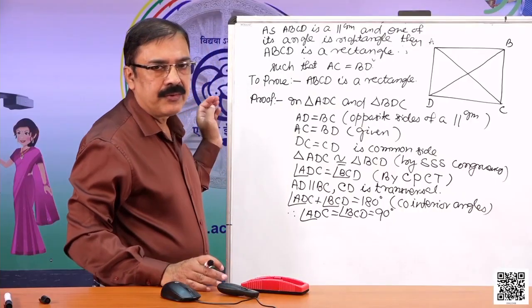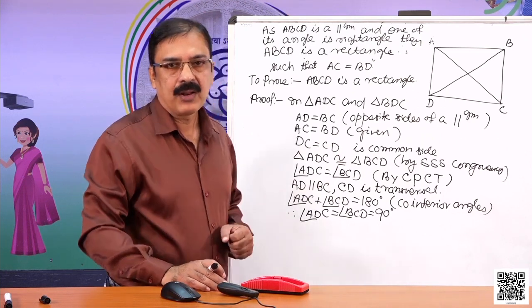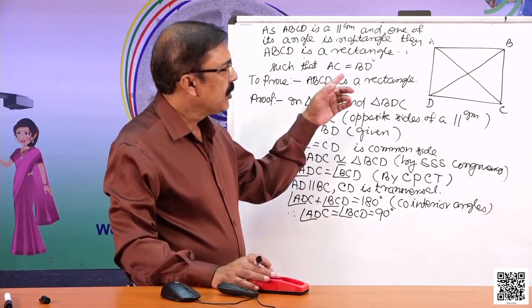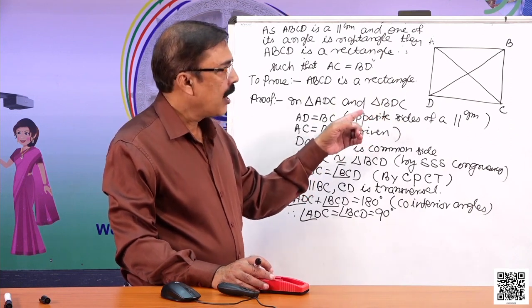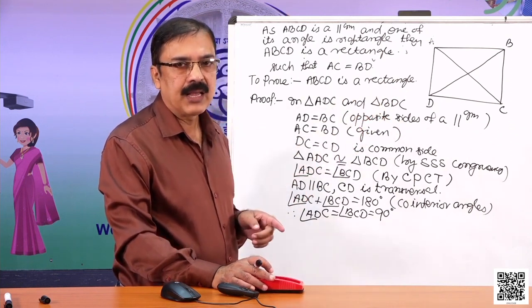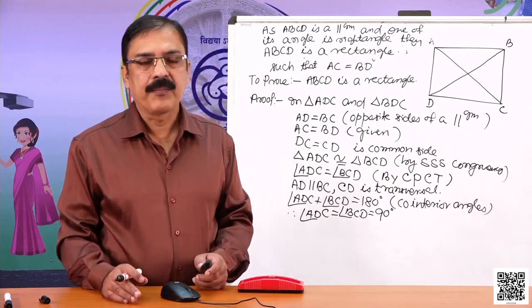This is all we have to prove. So we proved from this property of parallelogram that if the diagonals of a parallelogram are equal, then it is a rectangle. Now let's have a look at another property.